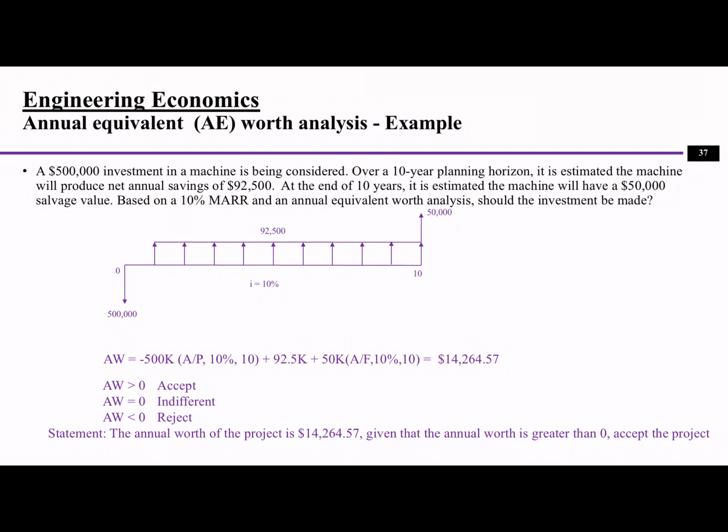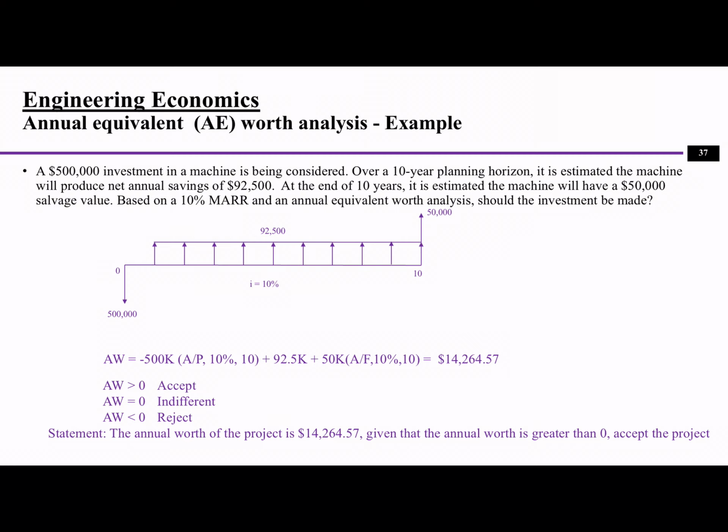All right, so a $500,000 investment in a machine is being considered over a 10-year planning horizon. It is estimated that the machine will produce net annual savings of $92,500.